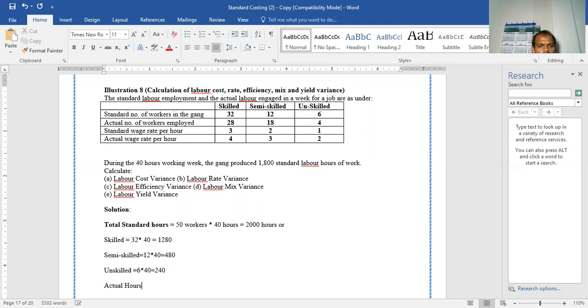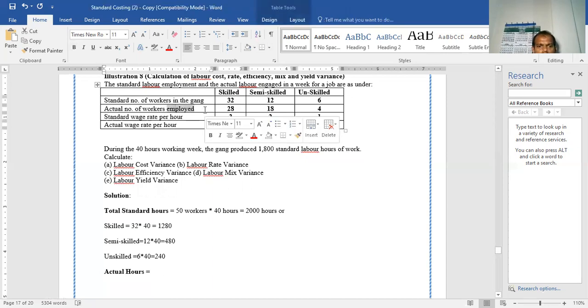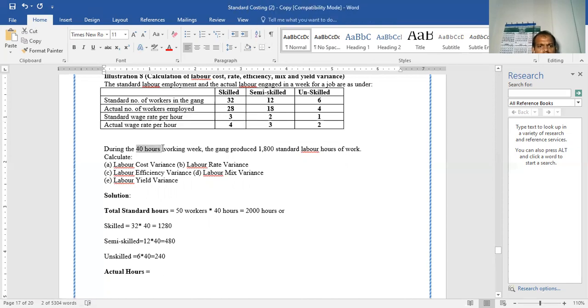Second point is actual hours. How many actual workers were employed? 50 for a 40 hours working week, so 50 into 40 hours, 2000 hours.